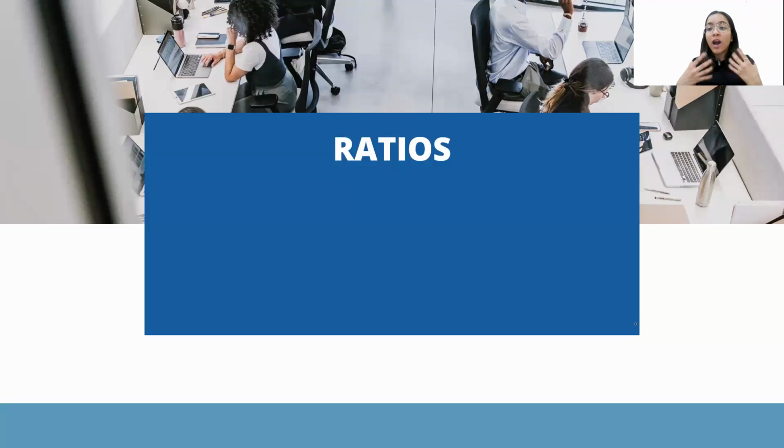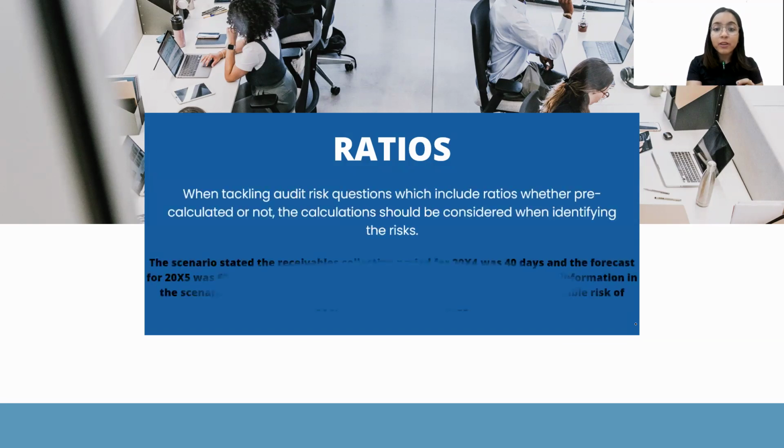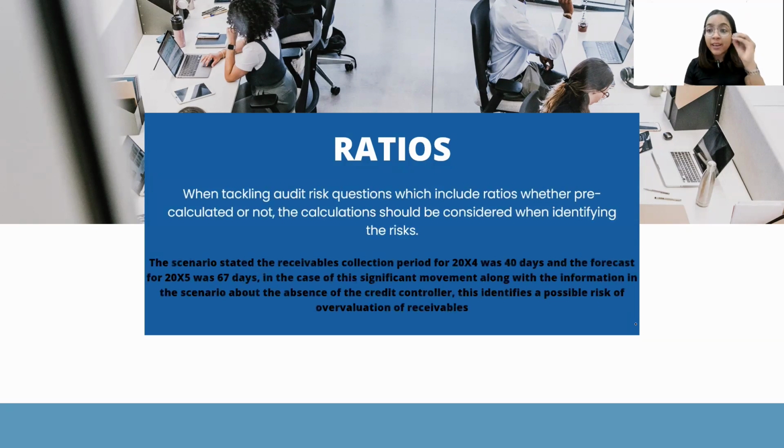You have to use that data wherever possible. Even if you have or haven't calculated, it doesn't matter. If you have data, please calculate the ratio and use it while identifying the risk. You will get good marks.